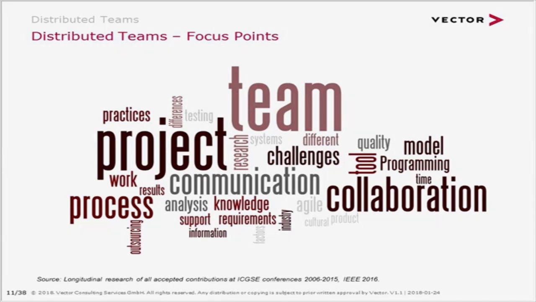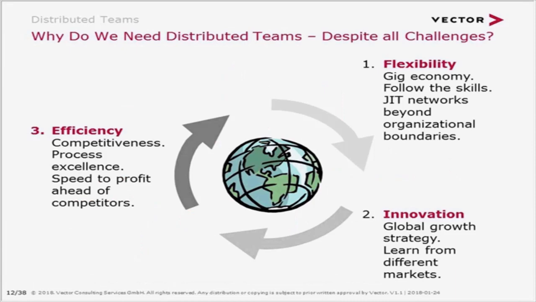That gives us already an idea of where we will go from here, namely that we have to be operationally efficient and continuously strive for operational excellence when we want to be successful in a distributed team. In other words, this is not so much about strategy and a lot of fancy topics. This is really the groundwork of professional management, what we are going to talk about in this webinar.